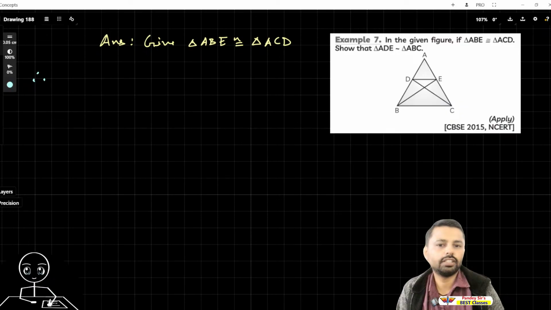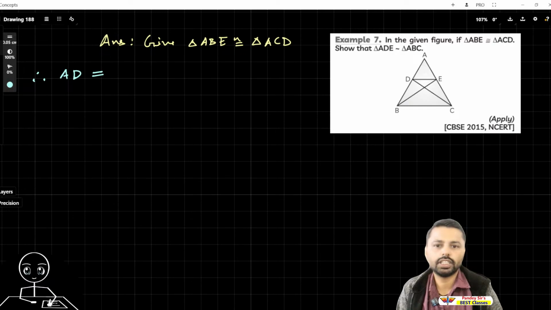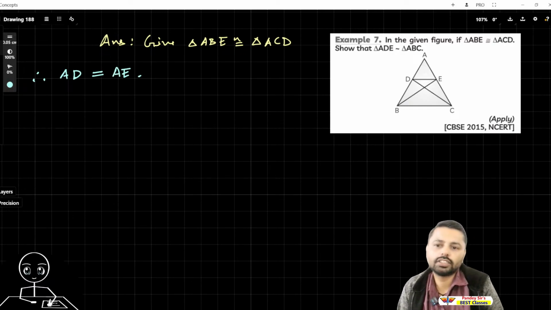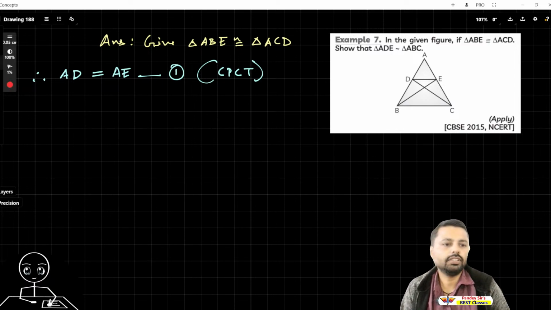So AD, where is AD? Therefore, AD equal to AE. Let's call it number 1, and the reason is CPCT, corresponding parts of congruent triangles. I mean AD will be equal to AE.